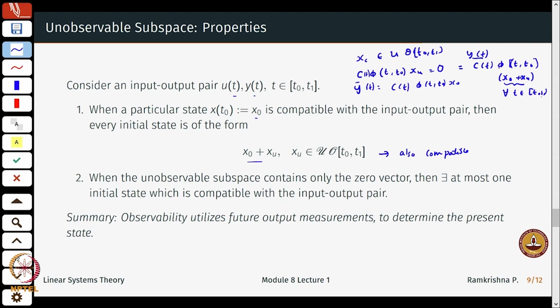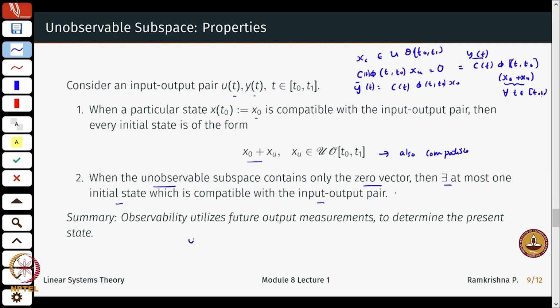Then the next step. When the unobservable subspace consists only of the 0 vector, there exists at most one initial state which is compatible with the input output pair. Now this will be important for us. So let's do a little proof by contradiction.